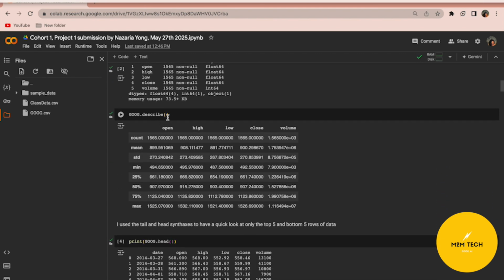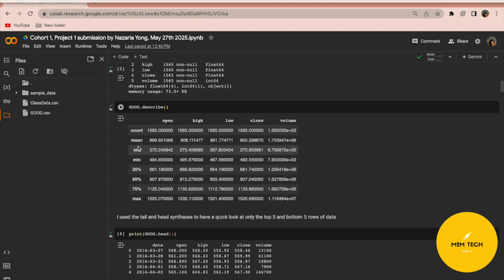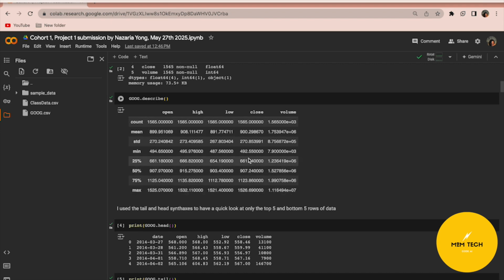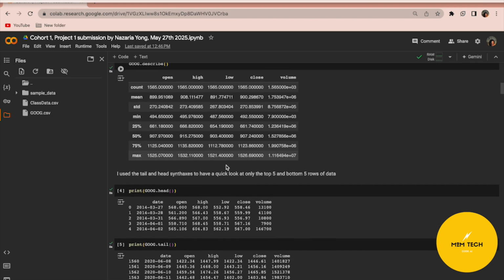I then ran the describe function, which provided me with mean, standard deviation, and percentiles with the count and the maximum values for each of the columns.